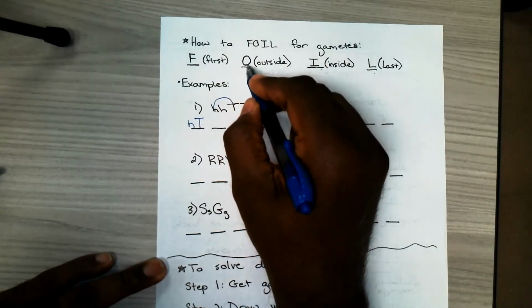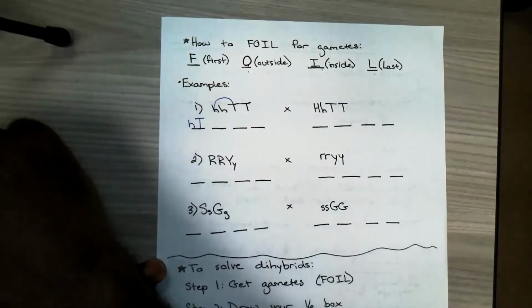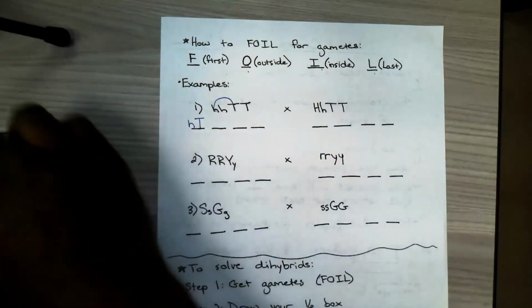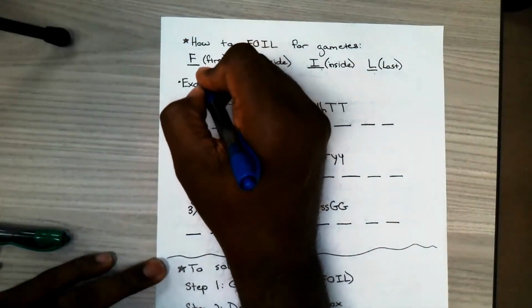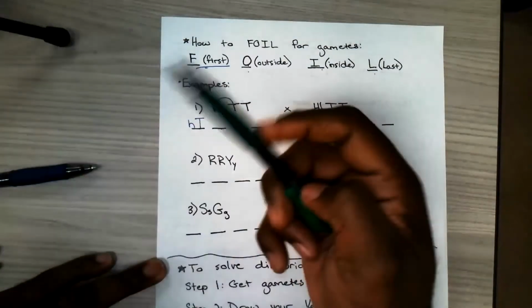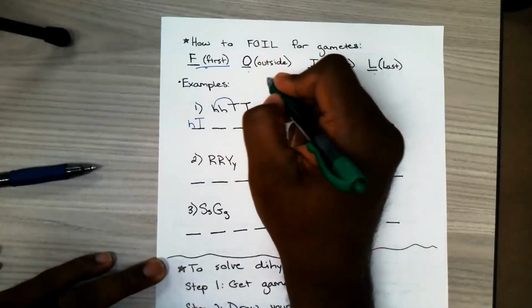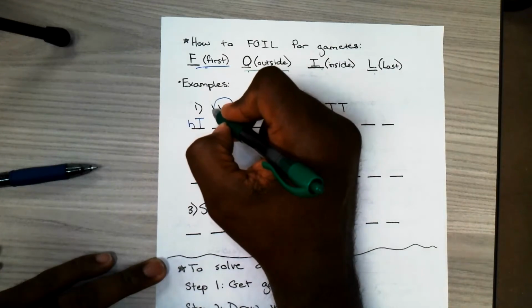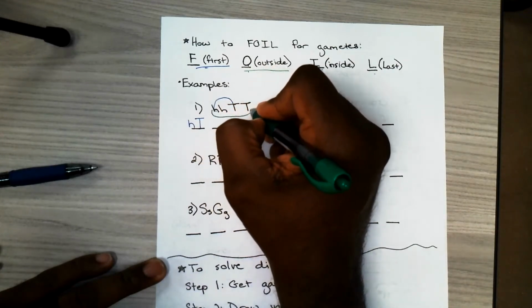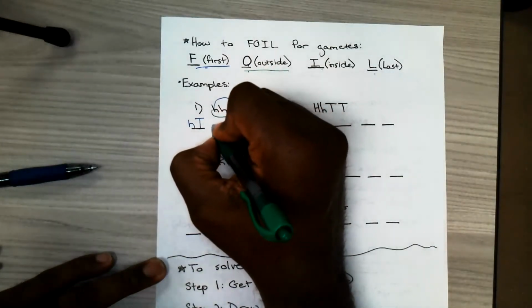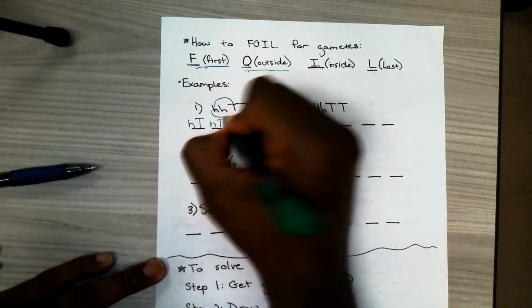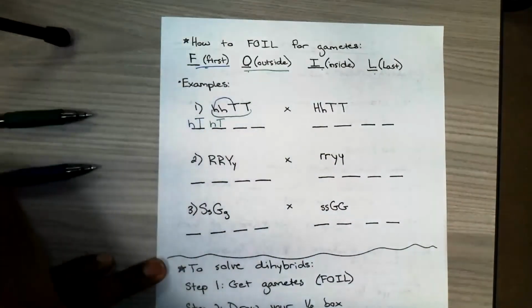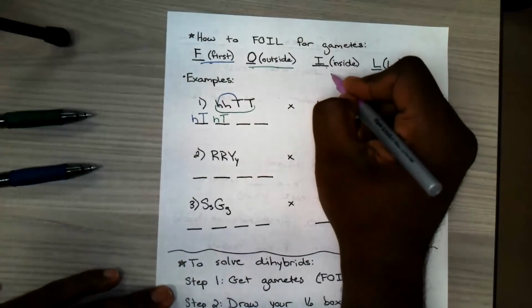Next, we're going to go outside. So switching colors here, I'm going to underline this because I did first in blue. Outside is going to be in green. For outside, I'm going to come outside for little h, big T. Next, we're going to go inside.